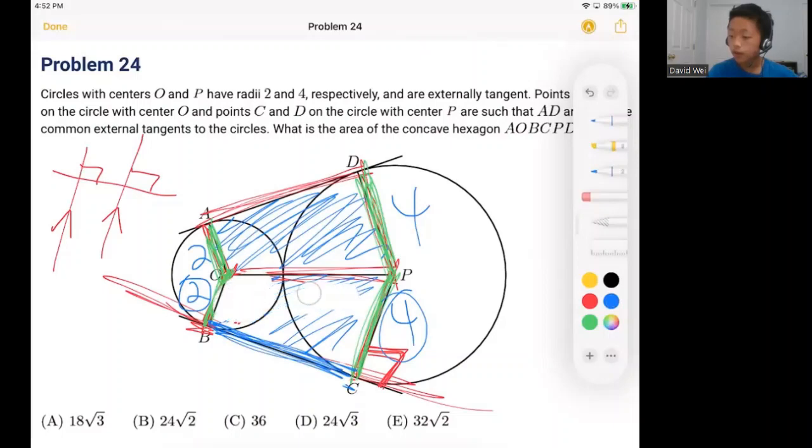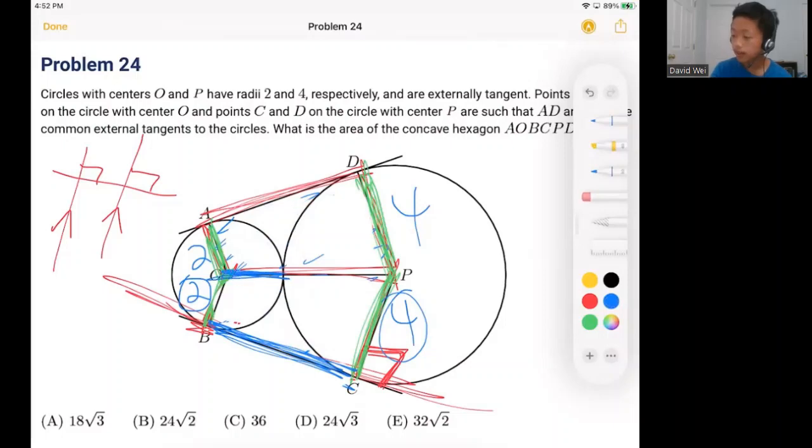To find the length of that height, this is actually a very common configuration. You'll see this a lot in math competitions, so it's good to be familiar with. This length here is a radius of the circle, so it's going to be 2, and this length here is going to be 4.